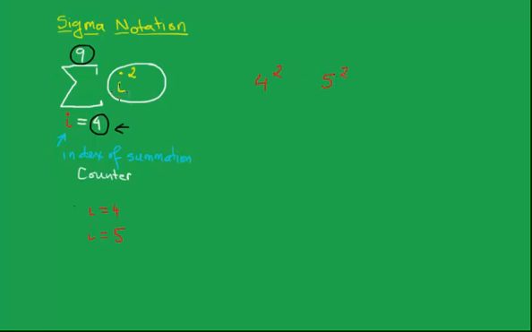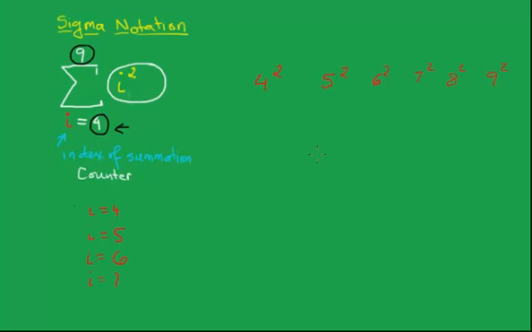Remember, i is 5, so when you plug 5 into i, you get 5 squared. And so on and so forth. When i equals 6, you get 6 squared, and you keep going. i equals 7, you get 7 squared. i equals 8, you get 8 squared. i equals 9, remember that's the end point.